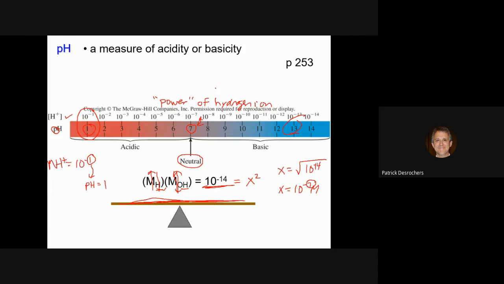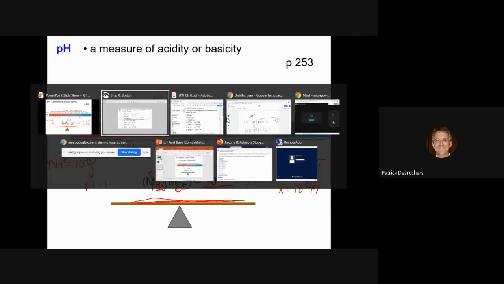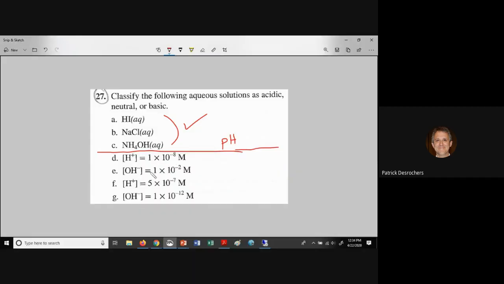Okay, so what you and I are going to do now, let's take that idea and go back and see if we can do that same thing. We got the H plus, don't we? And the 1 doesn't change this math in any way, does it? So I'm going to erase it. We don't need it. What's the pH of this solution? H plus is 10 to the minus 8.